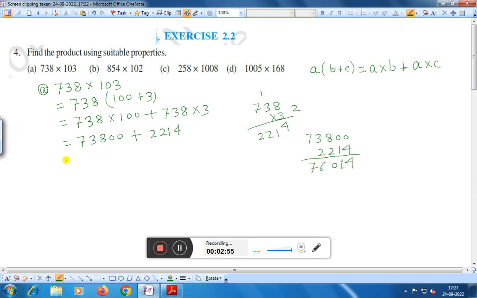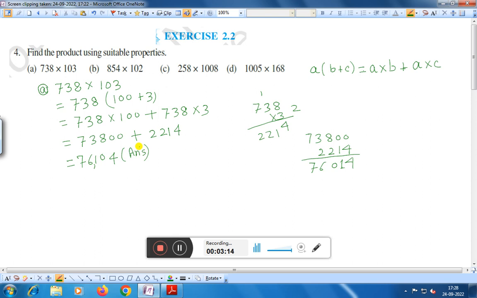Therefore, we are getting the answer as 76104. If we put the comma after 3 digits, 76,104. This is the answer of question A.